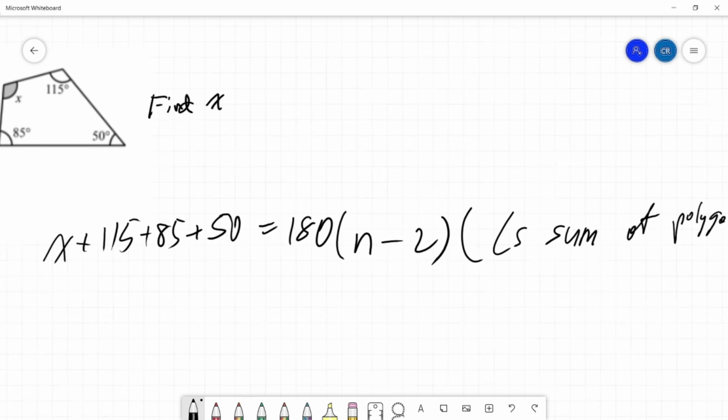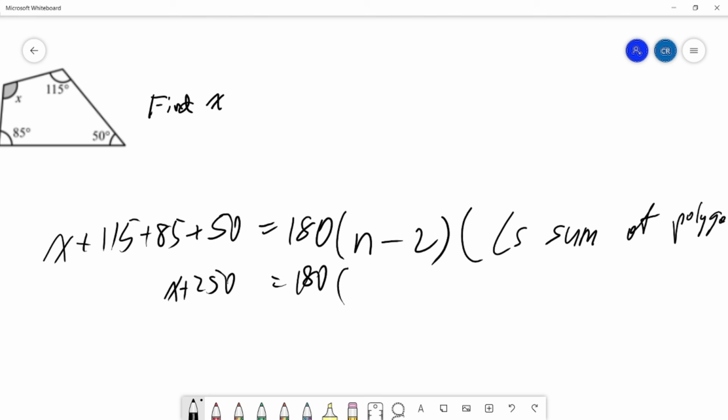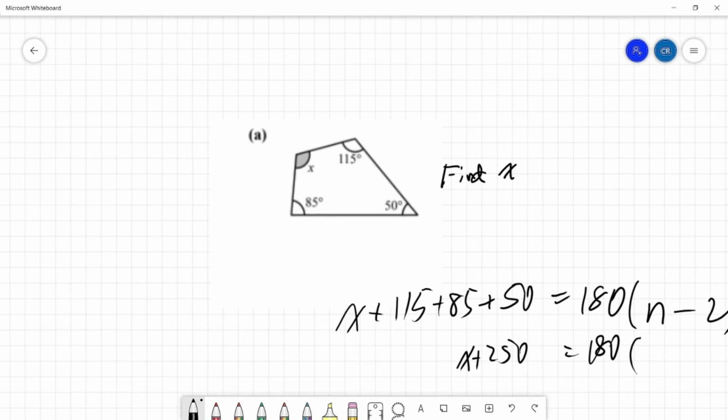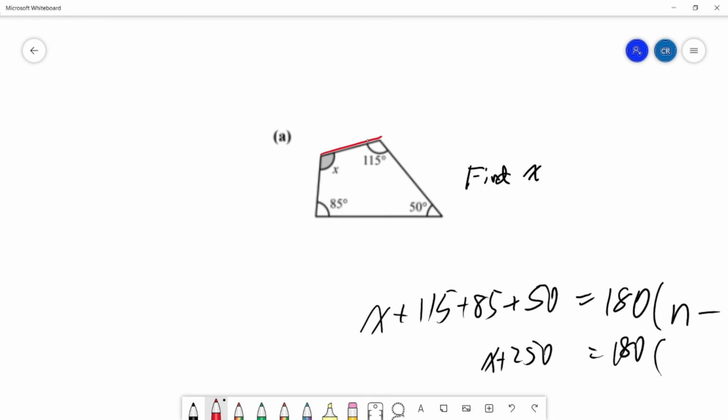Okay, so let's add the like terms first. Let's get a calculator. 115 plus 85 plus 50 equals 250. 180, how many sides are there? Let's see, there is 1, 2, 3, 4.